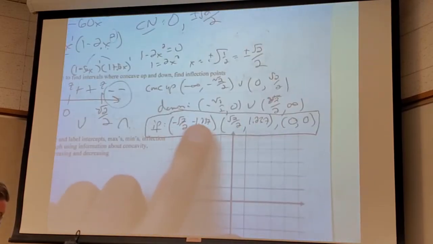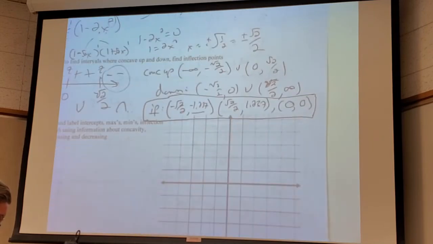The output for my inflection points is negative 1.2 and 1.2. Do you want to go up to 5? You have complete control over the scale. We're all used to making it 10 or 20 if we get big numbers, but if you get small numbers, you can give yourself more room.